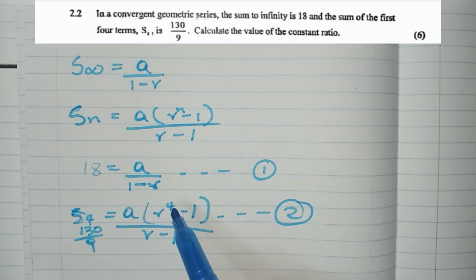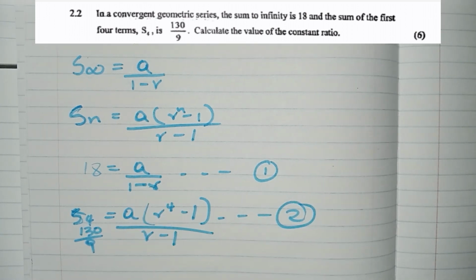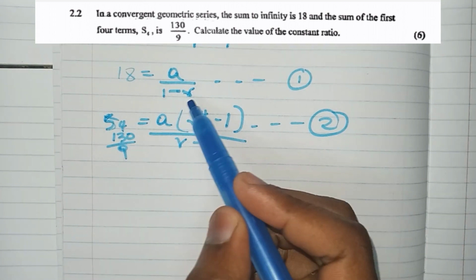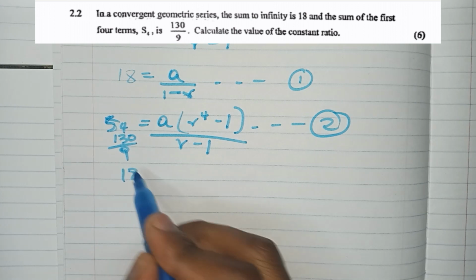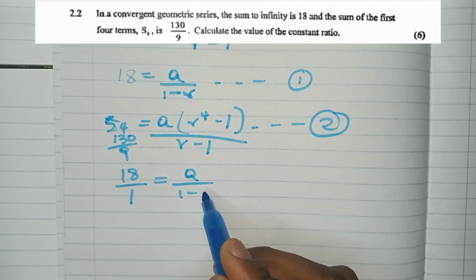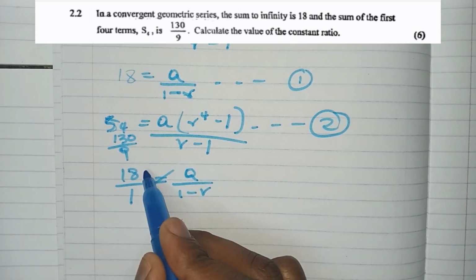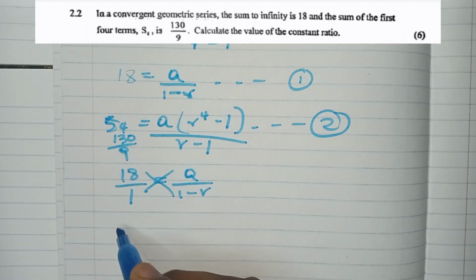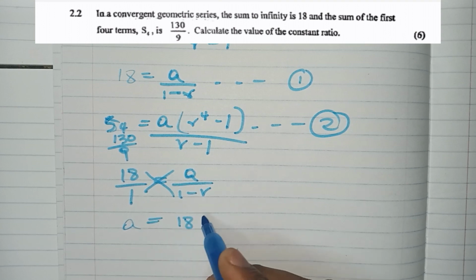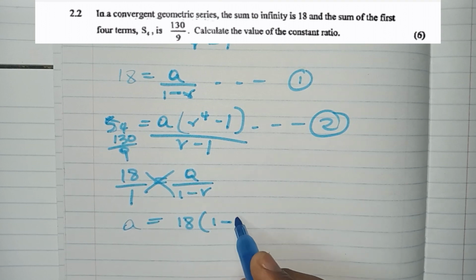We are going to use this equation to form equation 3. So we will simply cross multiply this: 18 over 1 is equal to A over 1 minus R. Cross multiplying, A is equal to 18 times (1 minus R).